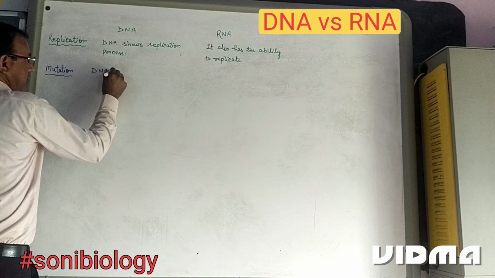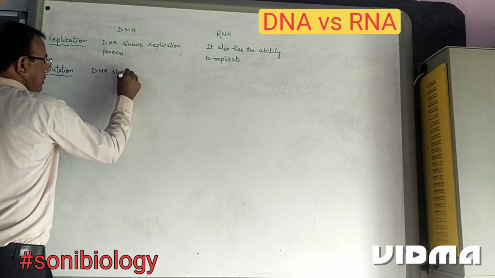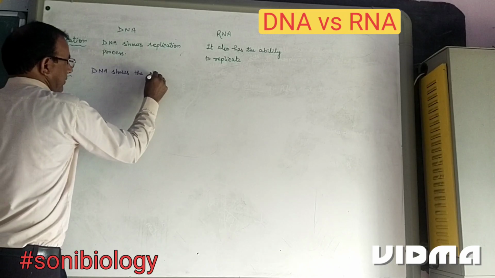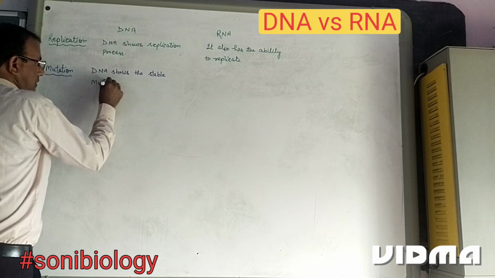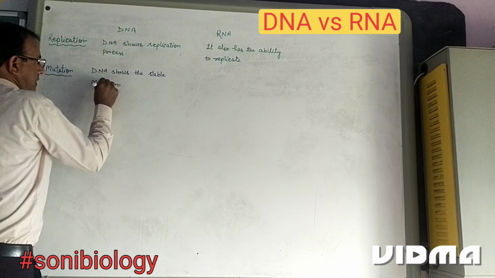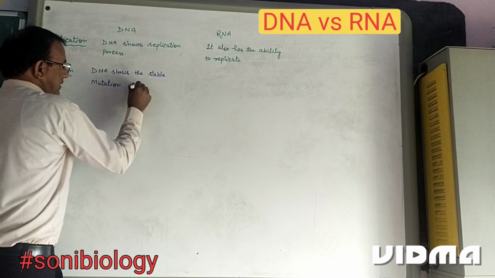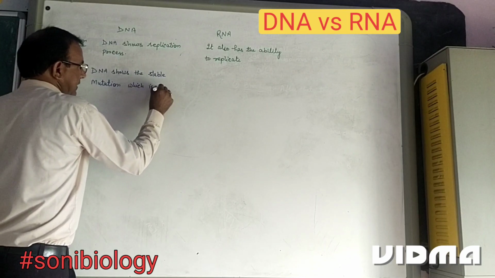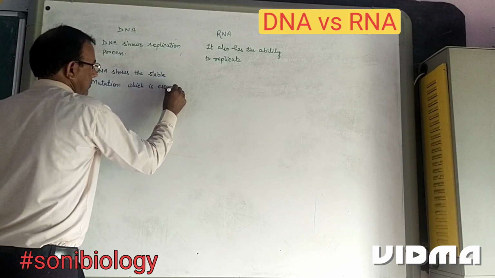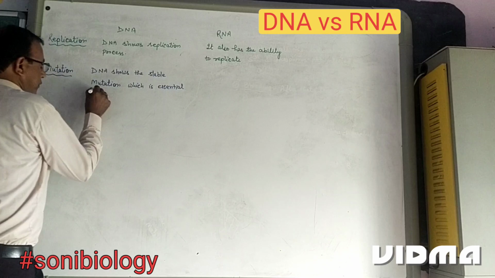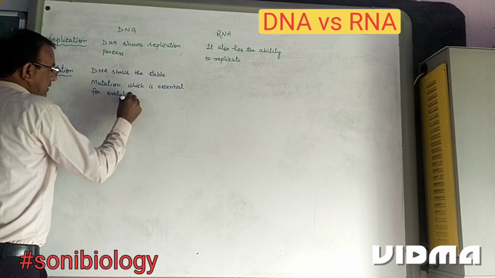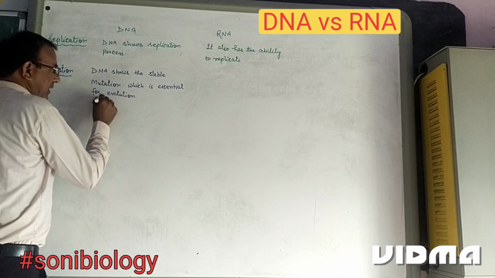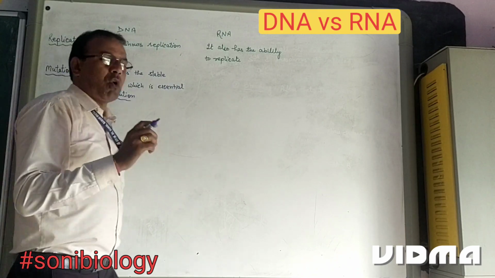DNA shows stable mutation, which is essential for evolution. It means it may cause a difference, but that difference is not so high.